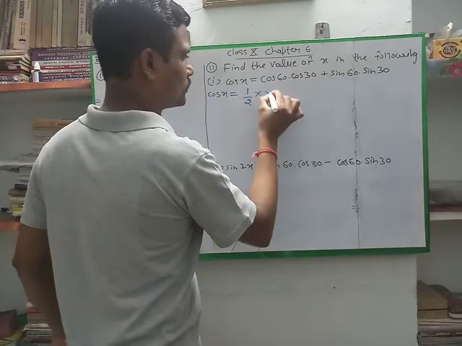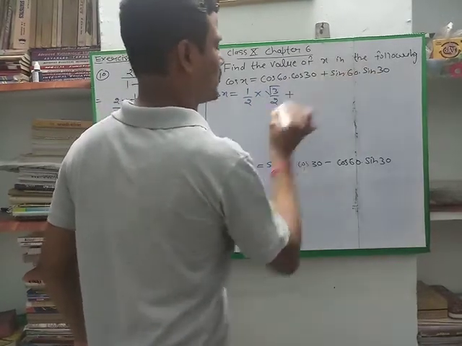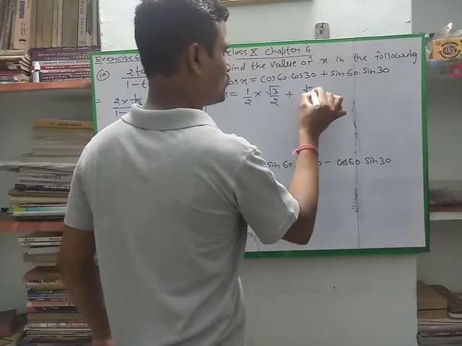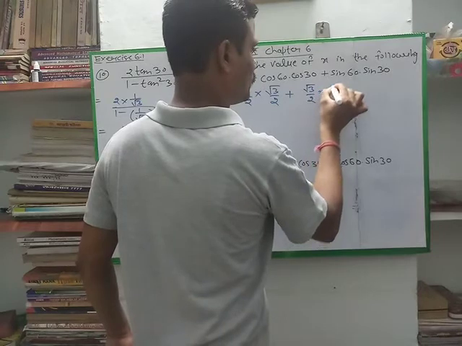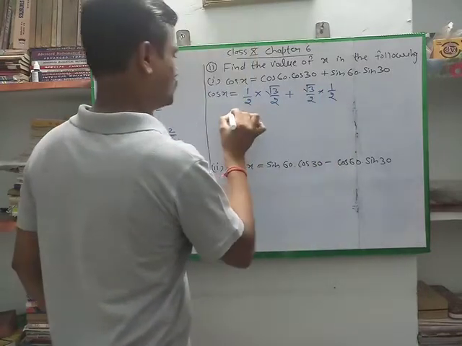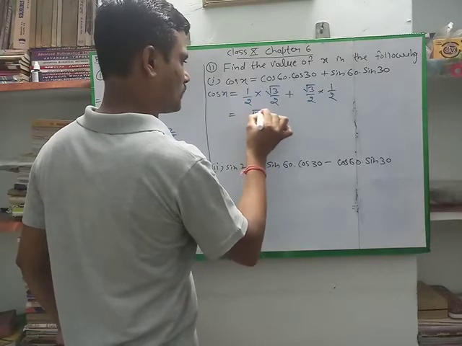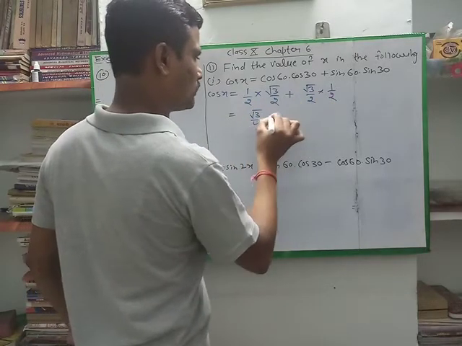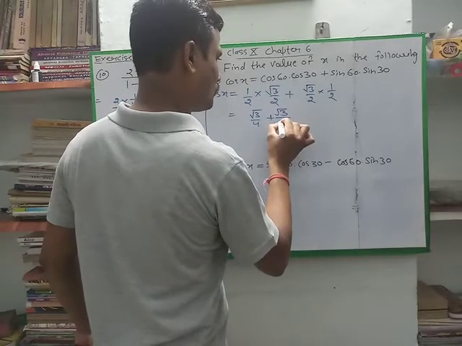Cos 30 is root 3 by 2, plus sin 60 is root 3 by 2 and sin 30 is 1 by 2. Solve this. Root 3 upon 4 plus this is also root 3 upon 4.